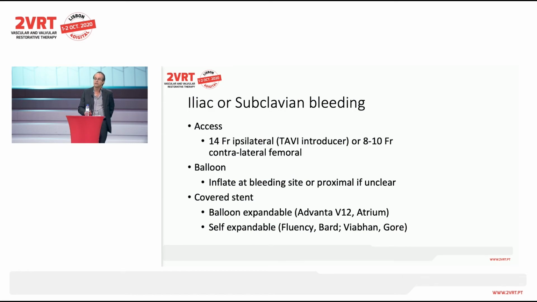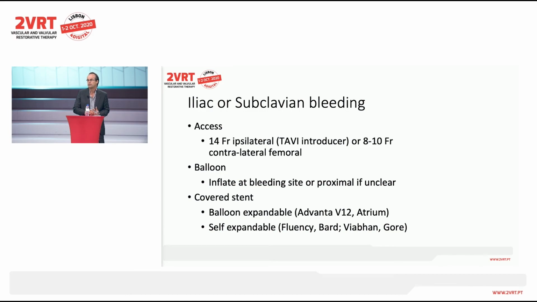Iliac subclavian bleeding is a smaller vessel, usually in a 10 to 18 millimeter diameter range. You can use your TAVI introducer, or if you need to put an introducer, an 8 or 10 French sheath will do. Balloon, just a normal peripheral balloon about the size of the vessel will do.